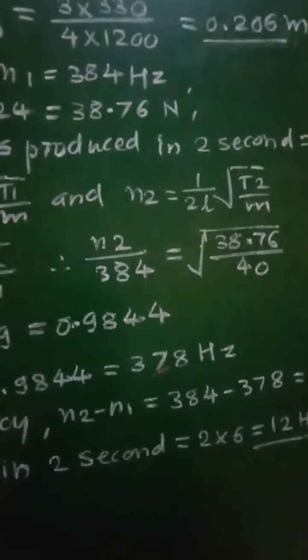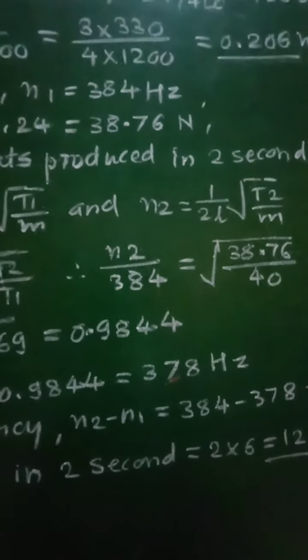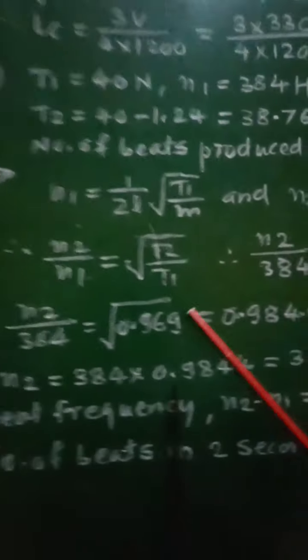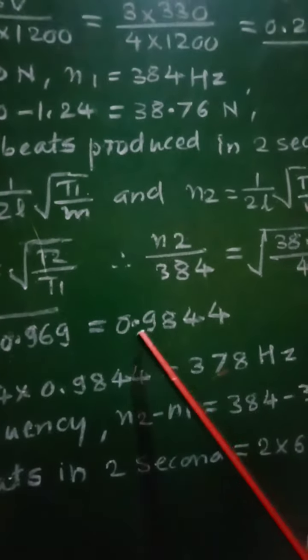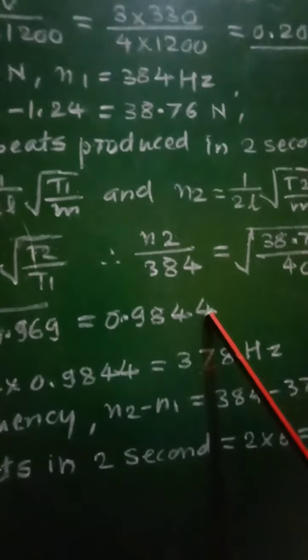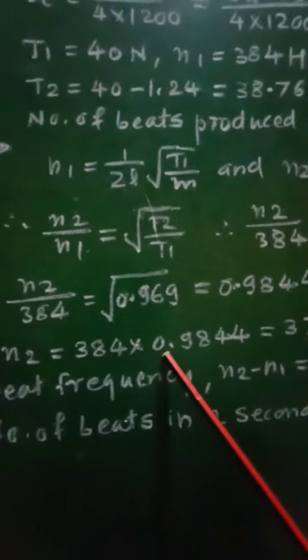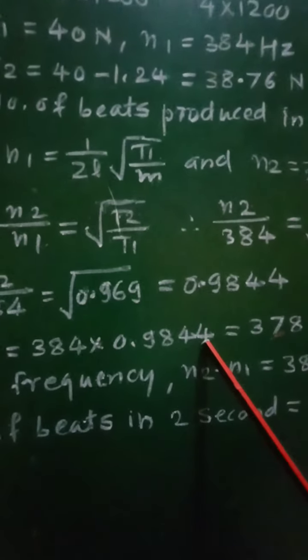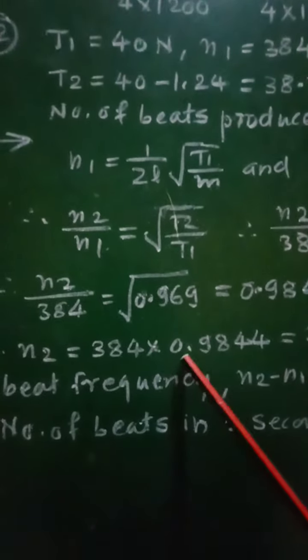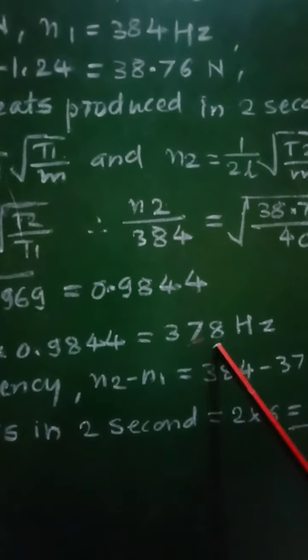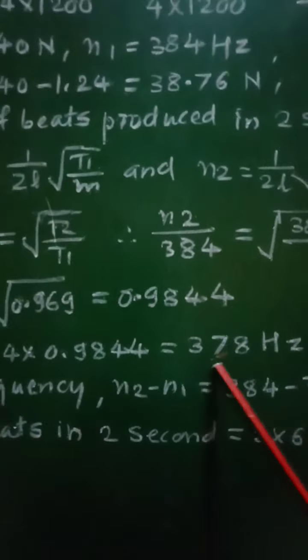Therefore, N2 by 384 is equal to 0.9844, so N2 will be equal to 384 into 0.9844, that will be equal to 378 Hertz.